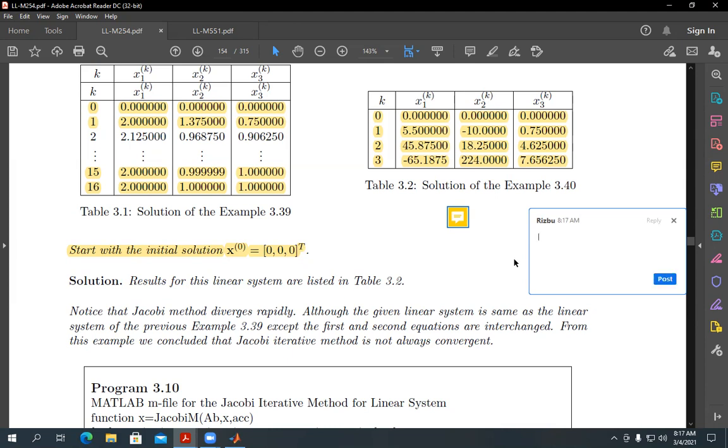The condition of convergence in chapter number 2: we say if g dash at alpha is less than 1, then the method always converges. Greater than 1, always diverges.